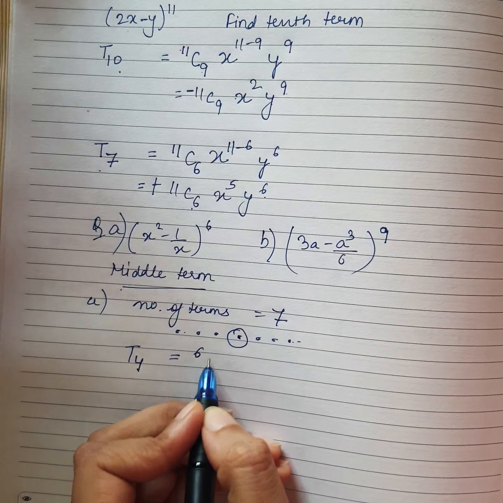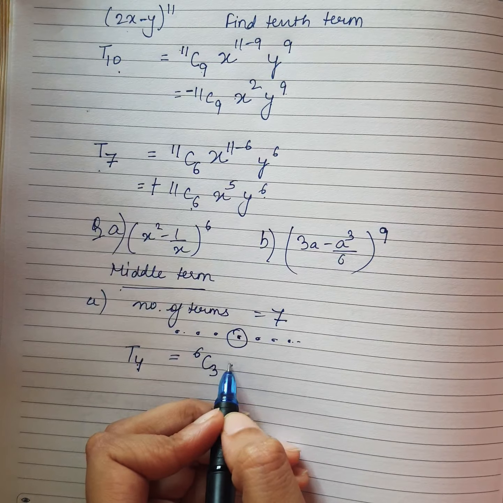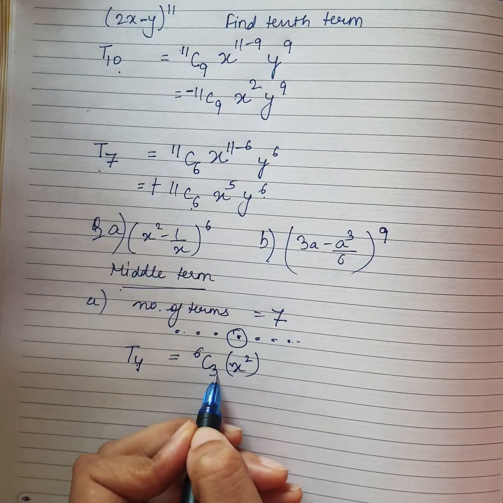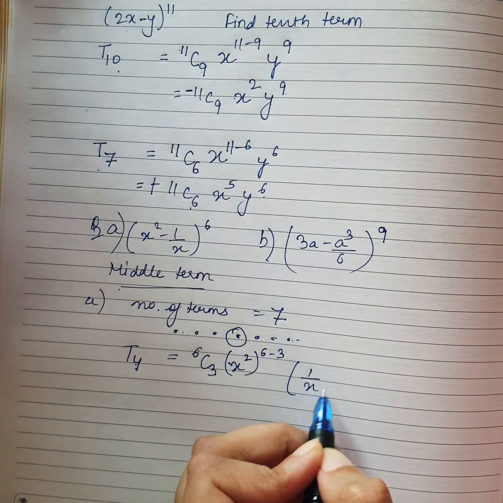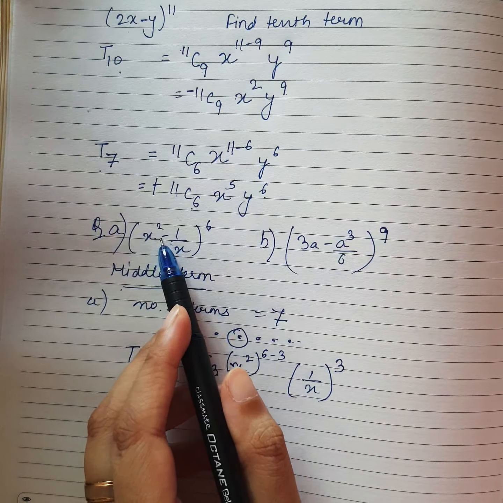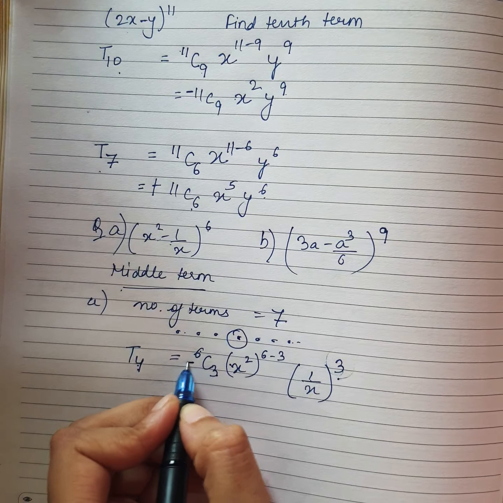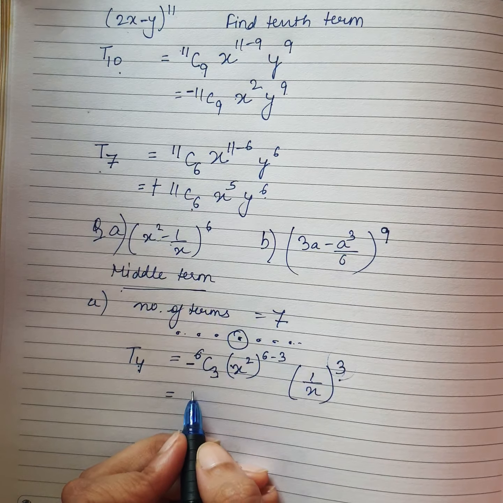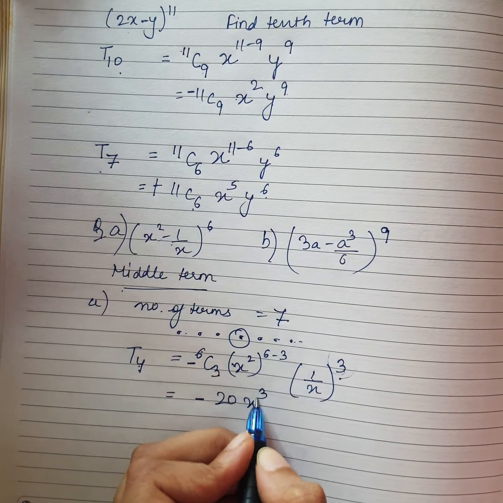Maximum power 6, C, 4 to 3. Then the power of the first factor will be the difference 6 minus 3, and the power of the second factor as it is. And since the second factor is negative and the power is also odd, this term has to be negative. Now after that we can simplify 6C3. The final answer will be minus 20x cube.